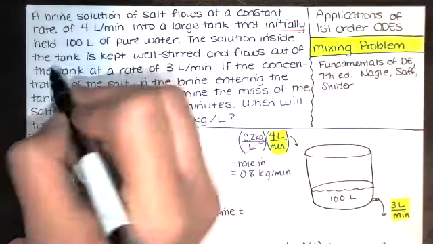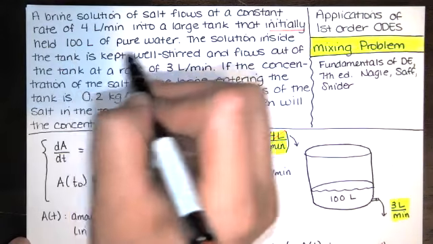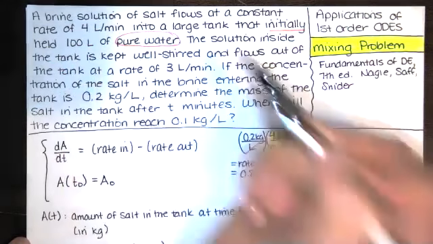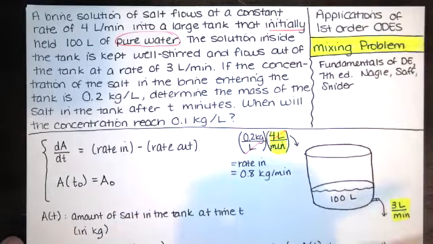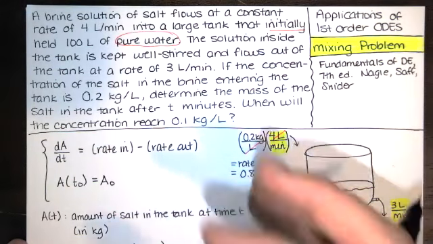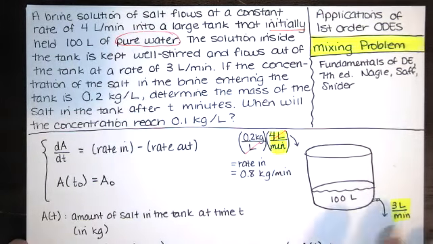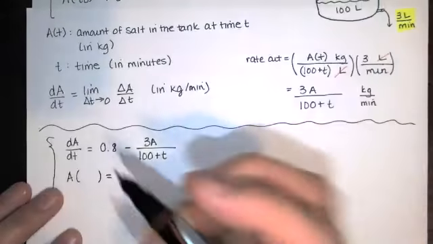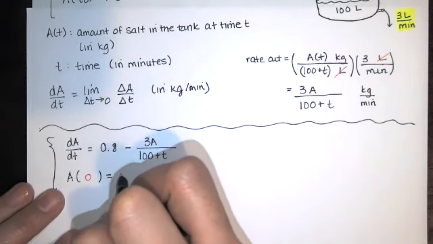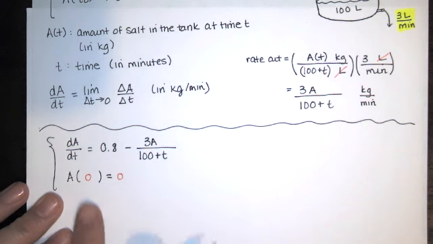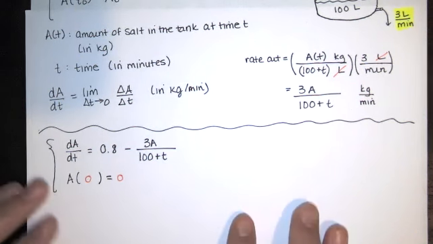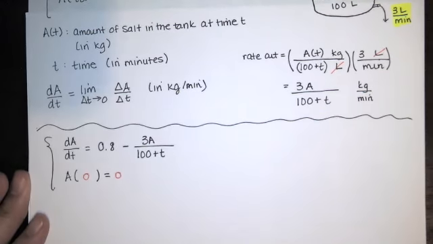Initially, the tank held 100 liters of pure water, no salt. So if we say that at that moment, when we started adding this saltwater solution to the tank, t equals 0, there was no salt. The amount of salt in the tank is 0 kilograms. So this is the time and the corresponding number of kilograms of salt at that time.